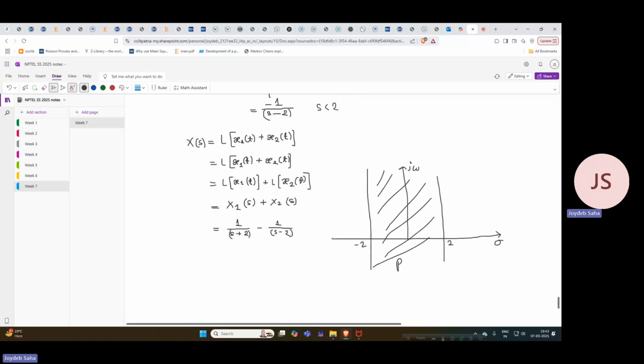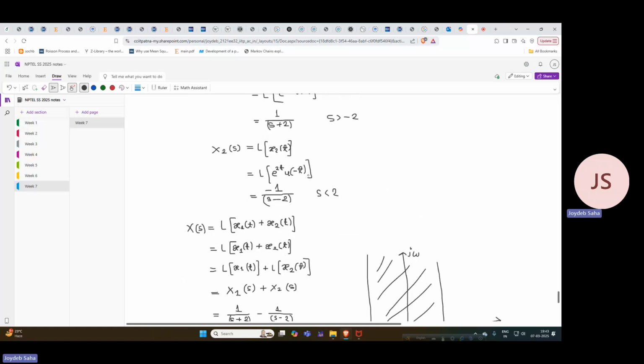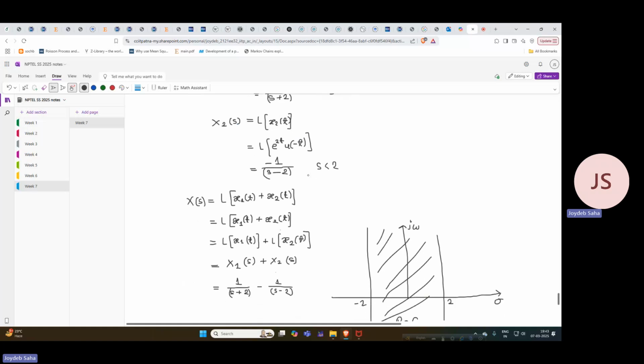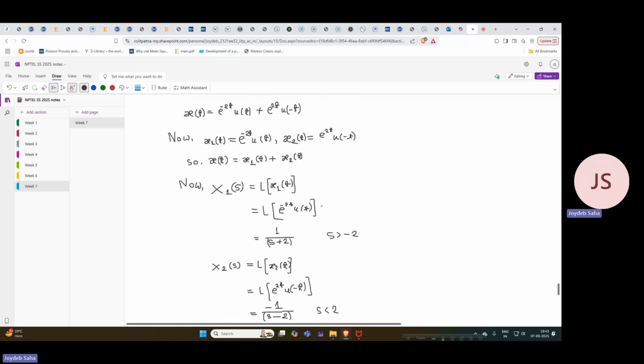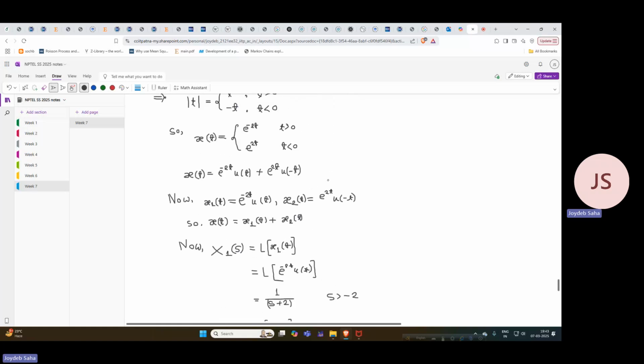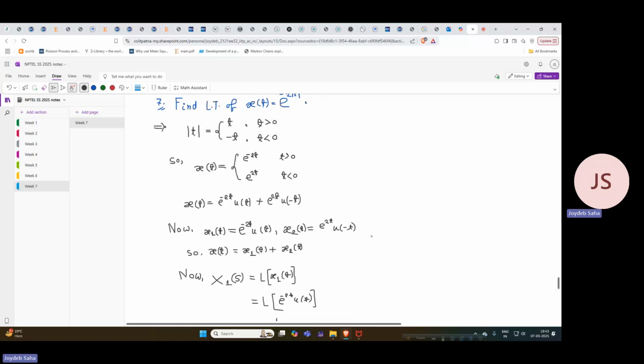This is the ROC. Fine. So you people again try to understand what we have done till now. Take 2-3 minutes and try to understand these steps, especially these steps. Then we will proceed further.